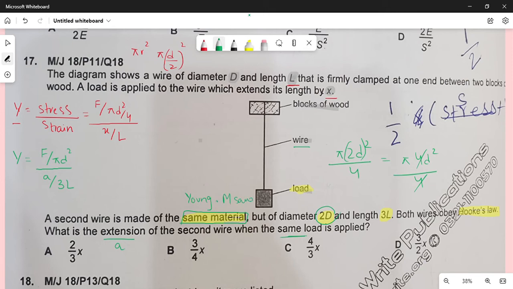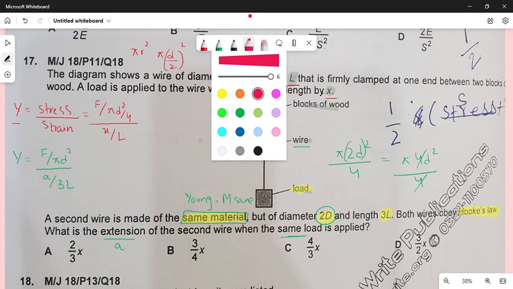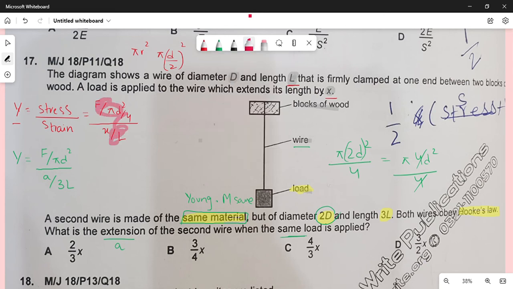So we can equate this expression with this expression.